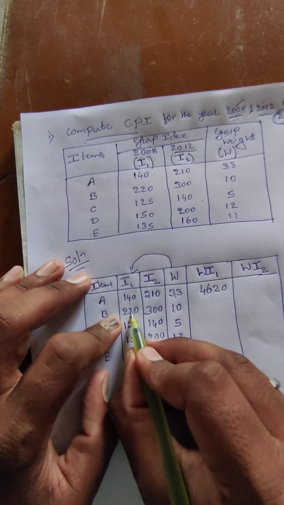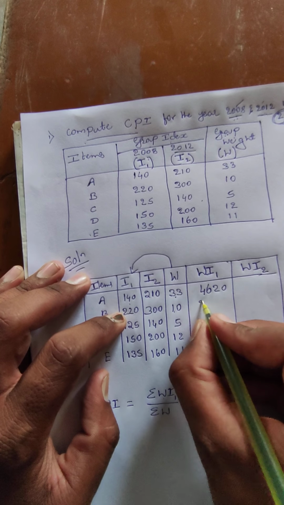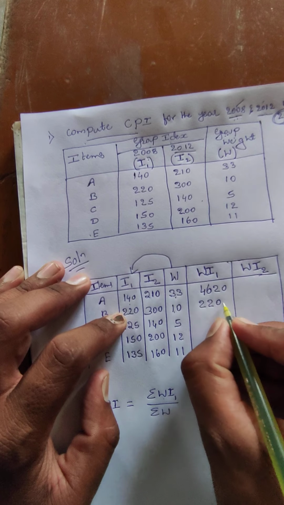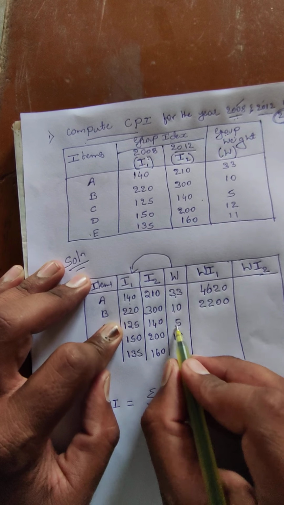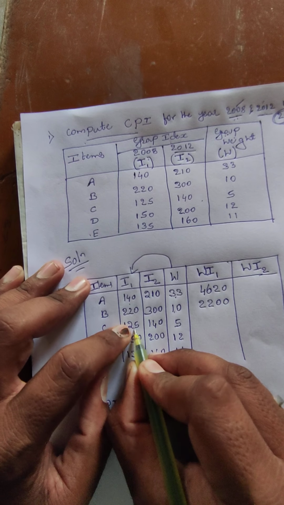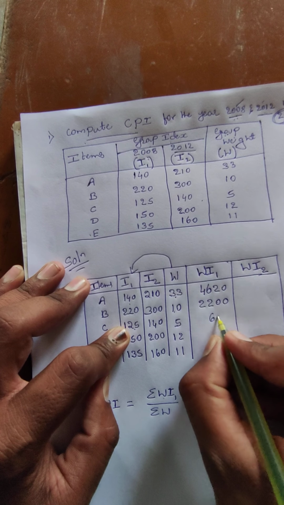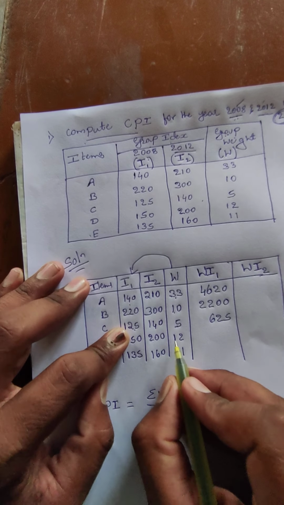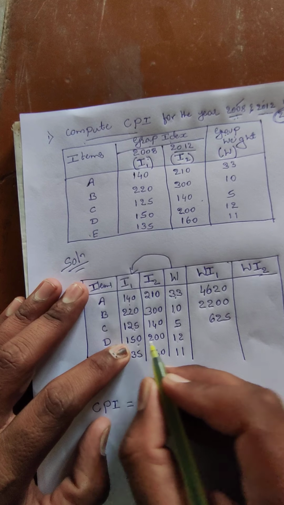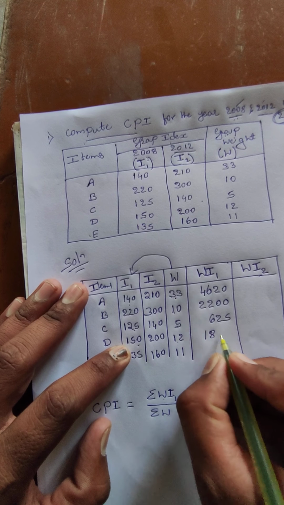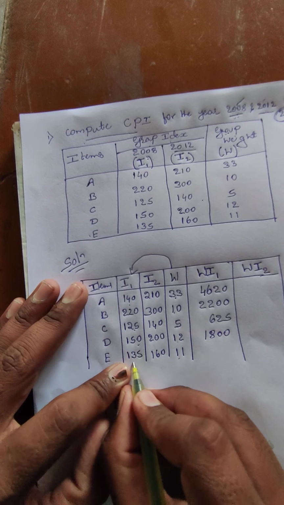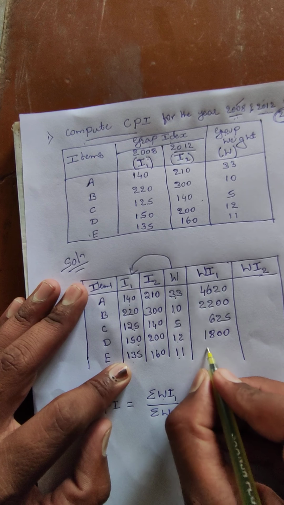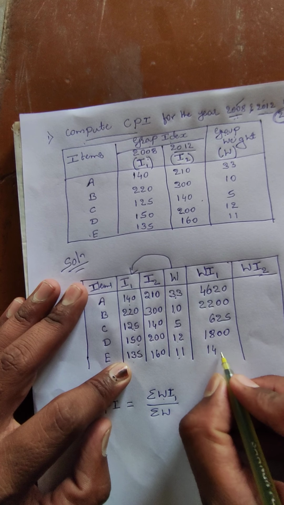Next 10 into 220, we get 2200. Next 5 into 125, 625. Next 12 into 150, we get 1800. Next 11 into 135, we get 1485.